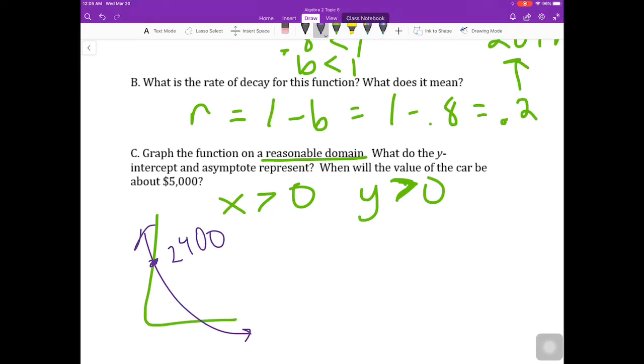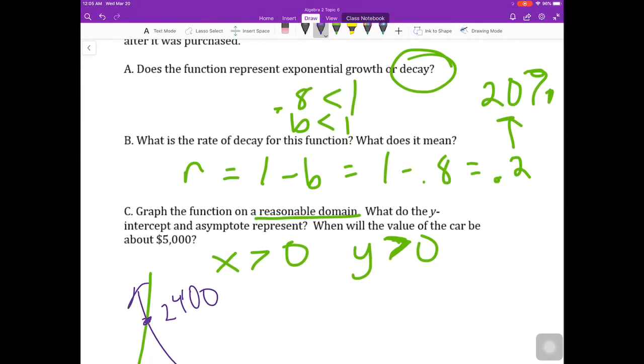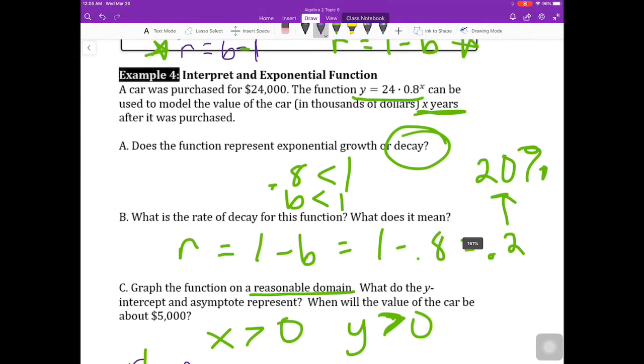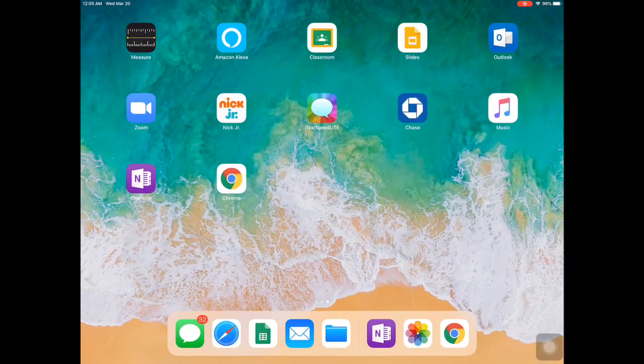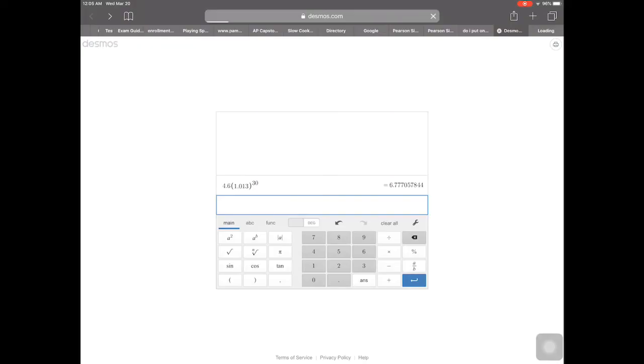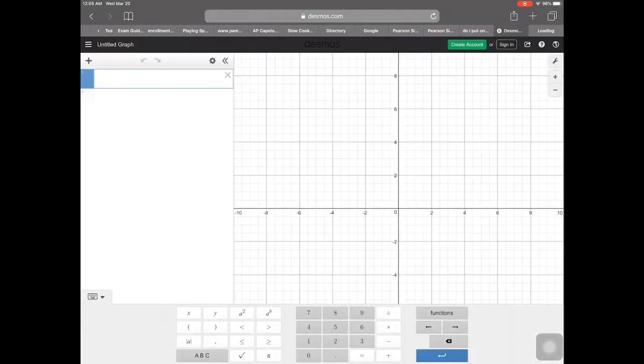And our next question is we want to know when the car's value, so when y is going to equal 5,000. So again, I am going to go to Desmos, but this time I'm going to pull up my graphing calculator. So I'm going to go back and we're going to graph this.